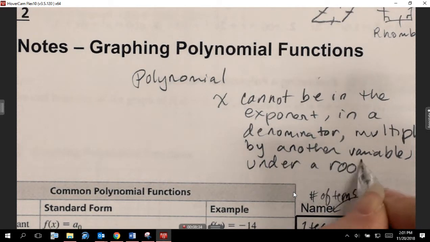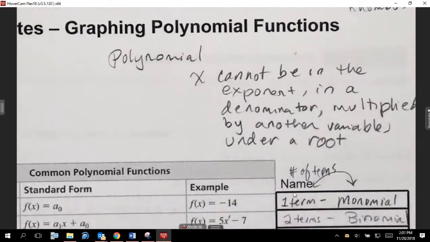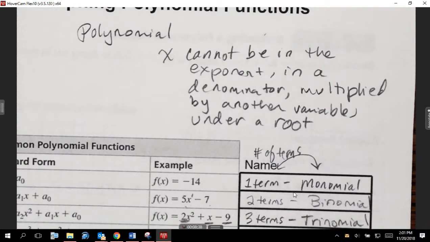We'll put under a root because there's more than just square root. If it's a polynomial, x can't have any of this stuff.